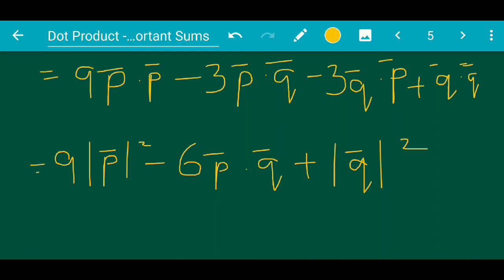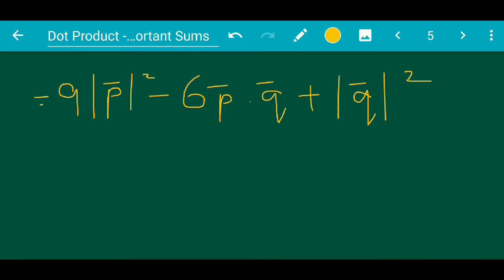Now mod p is given as 2, as we saw in the beginning, so mod p square becomes 4. So 9 into 4 minus 6 into p dot q, we got it as 2 just now when we did the dot product. Mod q is also 2, so mod q square becomes 4.